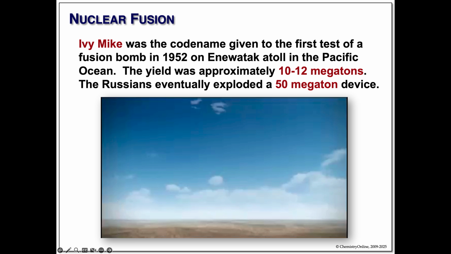The Russians designed one that was 100 megatons. 100 million tons. They dialed down the power to 50 because they didn't have a plane that would go fast enough to drop it and get away without being destroyed.